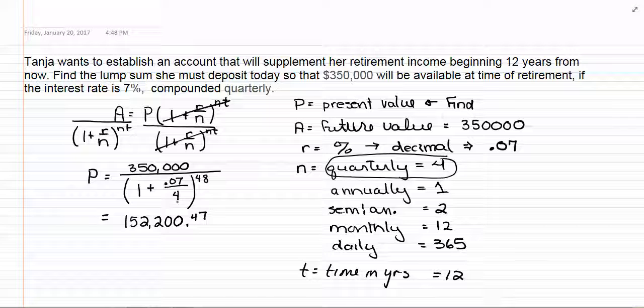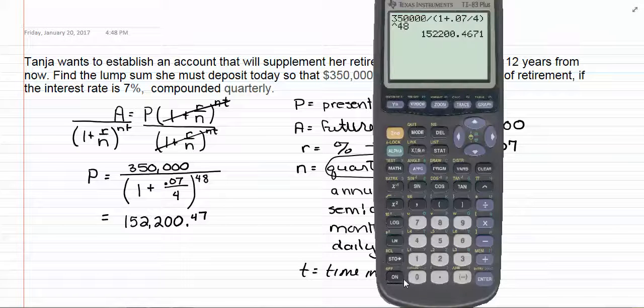If you don't have a calculator like that, then you can do order of operations. Do what's inside parentheses first. So take and do the division first. So 0.07 divided by 4 equals. Figure that amount out. Then add 1 to it. Figure that amount out. Then raise it to the 48th power.